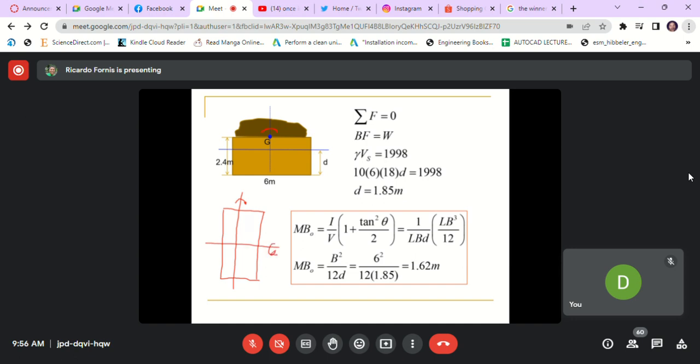If you look at the side view of the barge, it travels in this direction. So about this axis, the barge will rotate in that direction and go back in that direction. That is what we call pitching. This is the axis of pitching. This one is the axis of rolling.